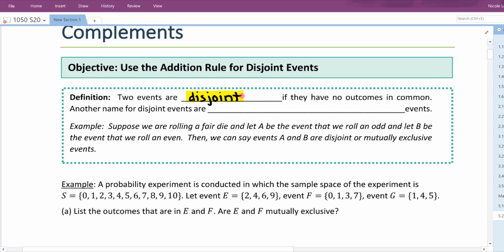Okay, so two events will be disjoint if they have no outcomes in common, so nothing in common. And another name for disjoint events that we should also know would be mutually exclusive.